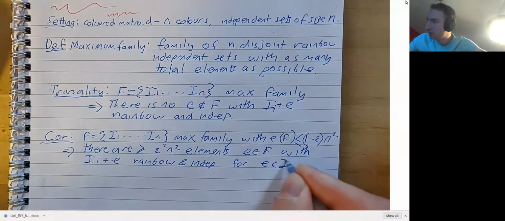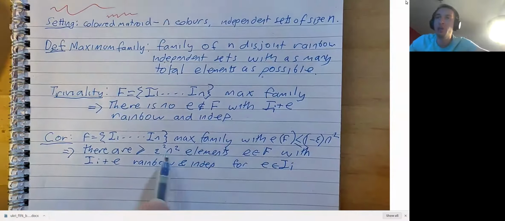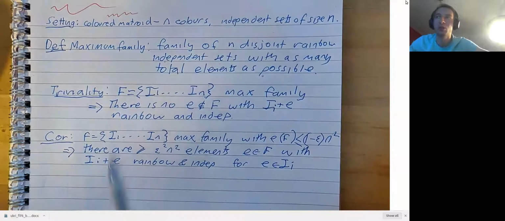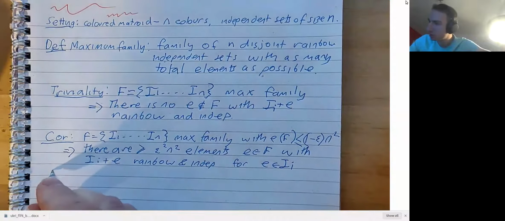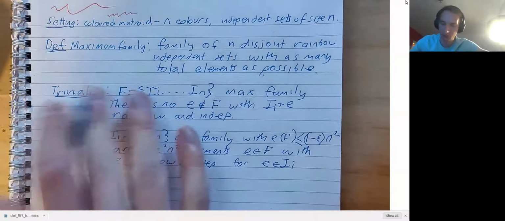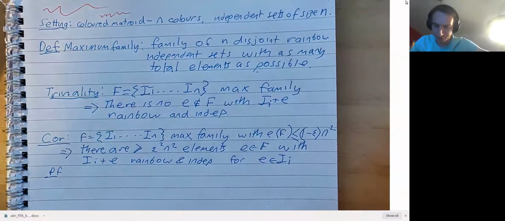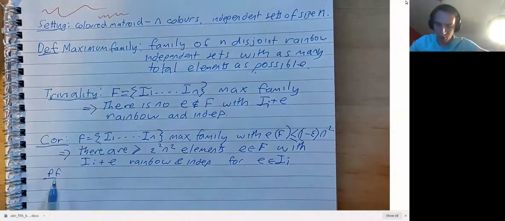So basically, there's quadratically many elements which you can move around in the family to get other families which have the same size. So why is this true? So it comes out of this fact.